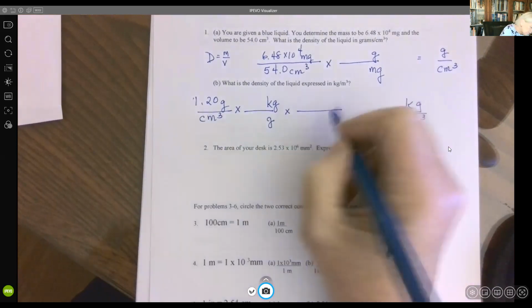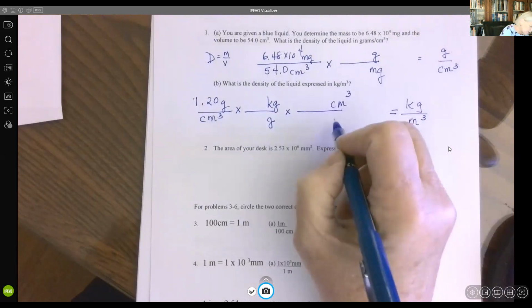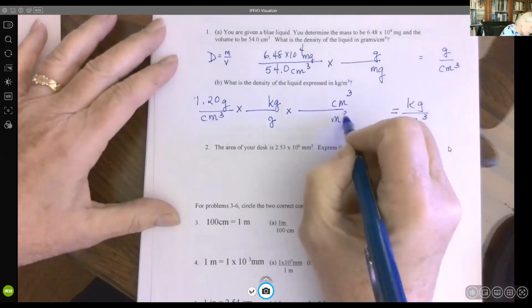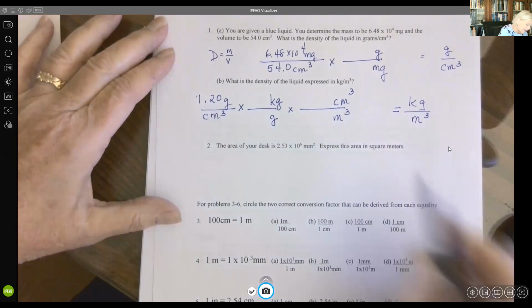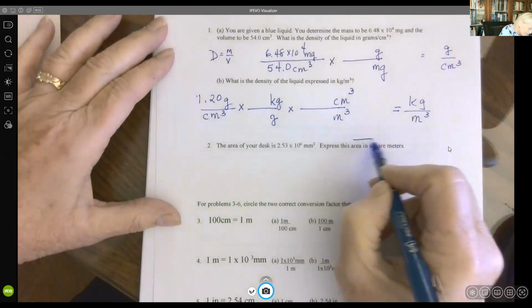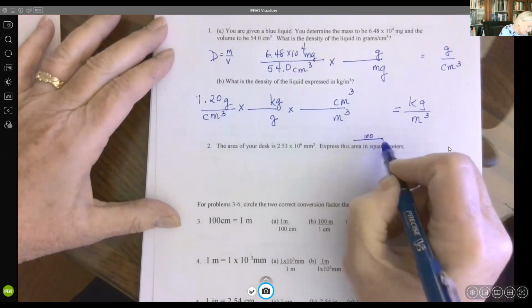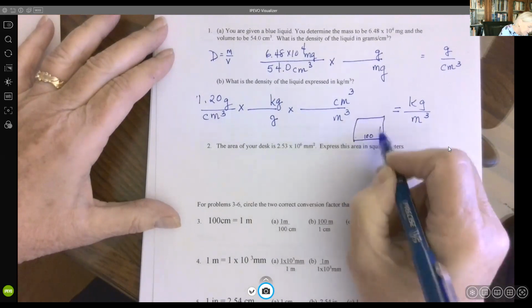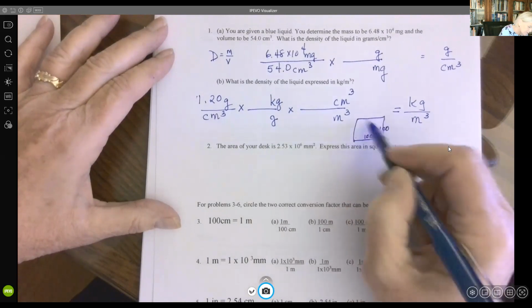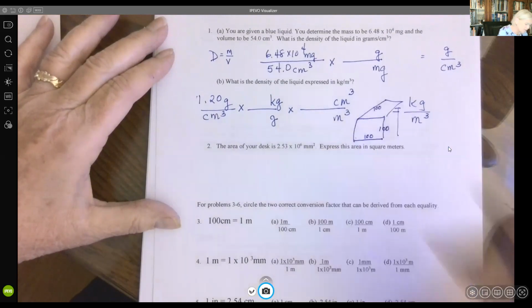You want cubic centimeters on the top, and you want cubic meters on the bottom. So how many cubic centimeters are in a cubic meter? If I think of this as a meter, I know there are 100 centimeters in that dimension, 100 centimeters in this dimension, and 100 centimeters in this dimension.